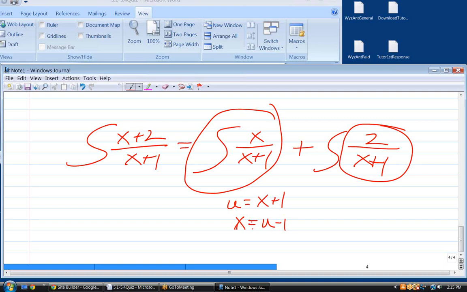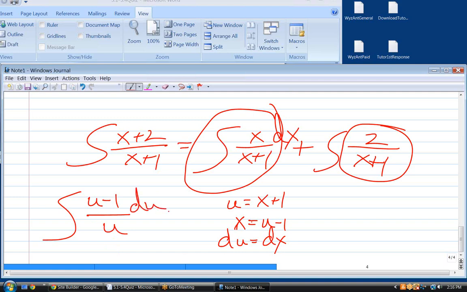It's just a change of variable. And du is equal to dx. So I have the integral of U minus 1 over U du.